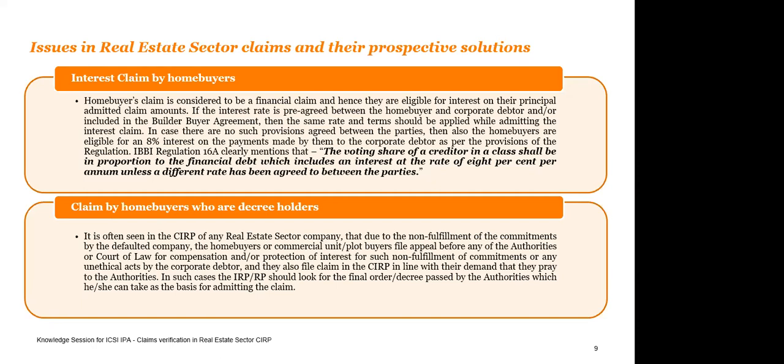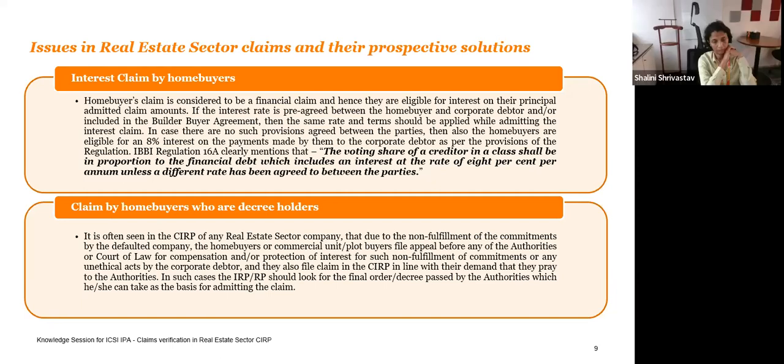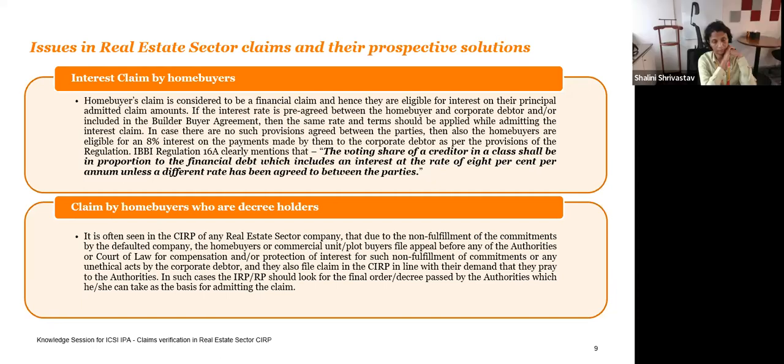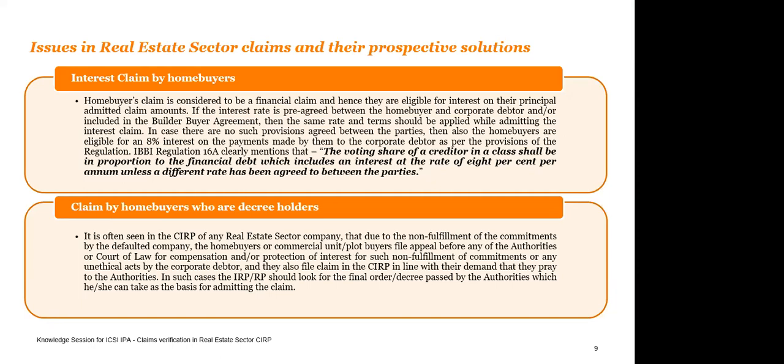But sir, there are cases wherein the underlying nature of the claim has to be looked into, as observed by the Supreme Court. Yes, of course, sir. The basic nature of the claim will determine the classification of arbitration awards by a home buyer.